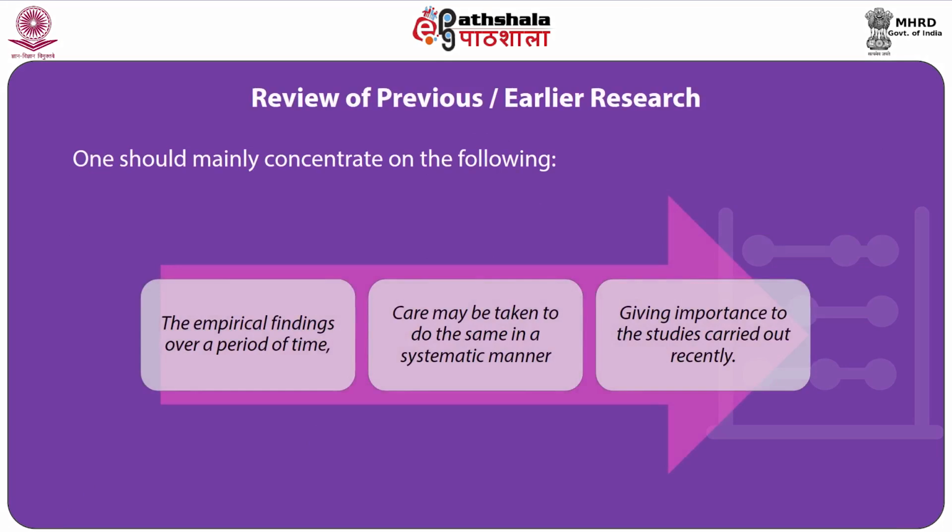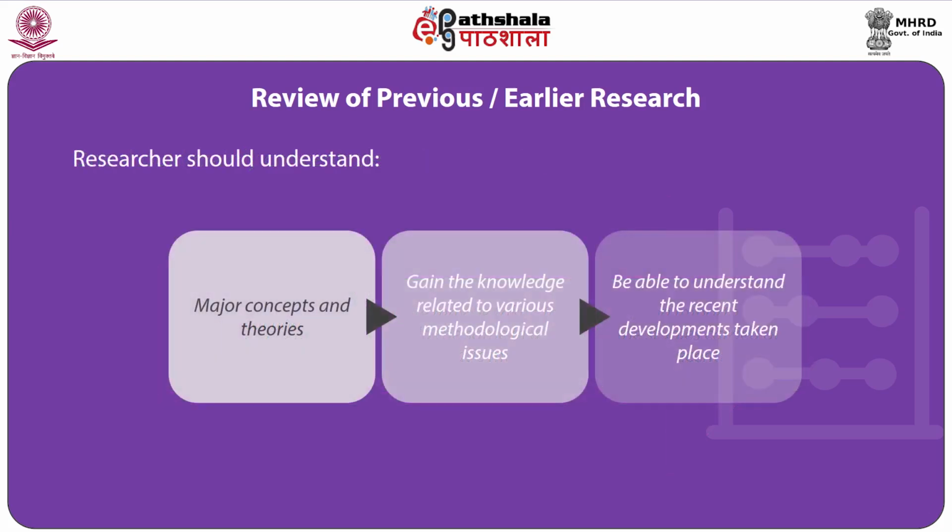Care may be taken to do this in a systematic manner, giving importance to the studies carried out recently. Similarly, besides these, the researchers should understand the major concepts and theories, gain knowledge related to various methodological issues, and be able to understand the recent developments that have taken place.